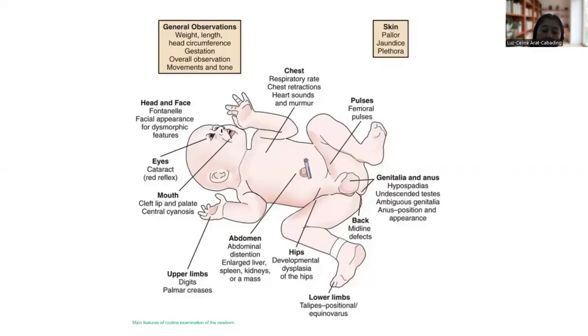We look at the genitalia. Is it male or female? So with the basic use of our clinical eye, we can already see if generally our newborn is as we expect what a newborn should have.